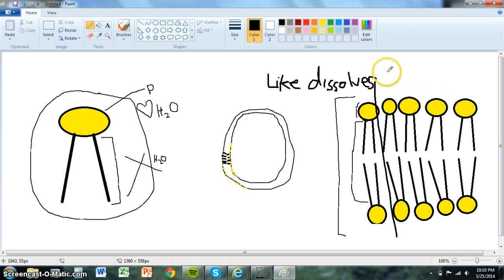Let me just finish drawing this thing up here. So pretty much things that can freely permeate this membrane include small molecules like molecular oxygen, hydrogen gas, things like that.